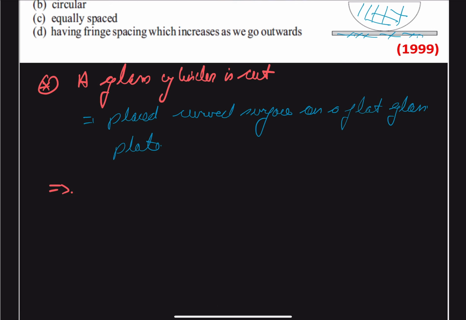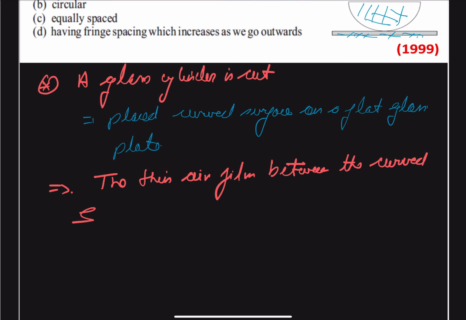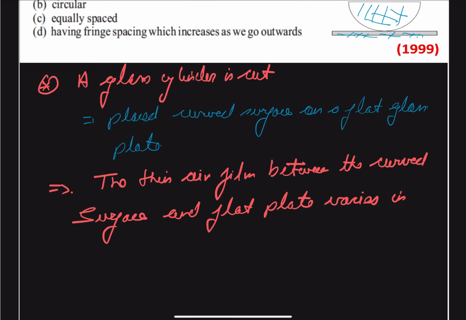So you can say the thin air film between the curved surface and flat plate varies in thickness across the surface.